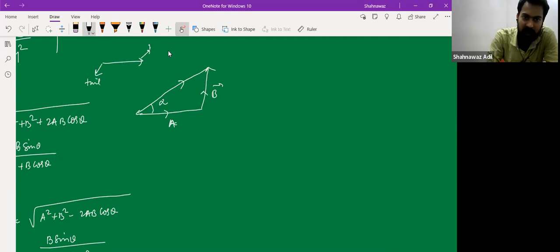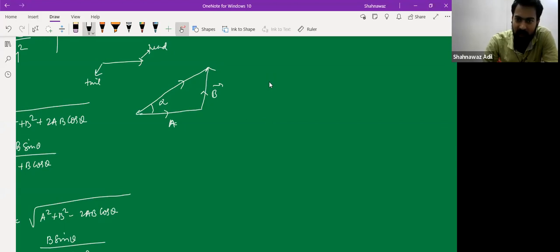So triangle law says that if you put the tail of one vector on the head of the other vector, the resultant would be the line joining the tail and the head of the other vectors. So this is the triangle law.